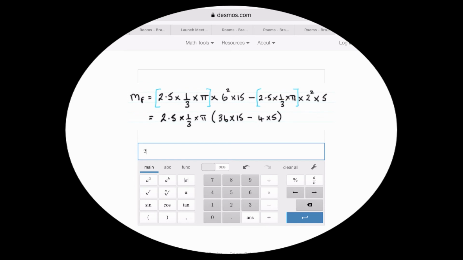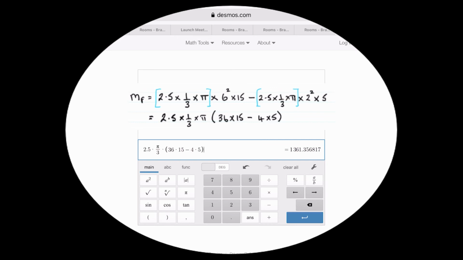We type in 2.5 times pi divided by 3 times, and we put this in brackets because it's going to be multiplying this expression, 36 times 15 minus 4 times 5.